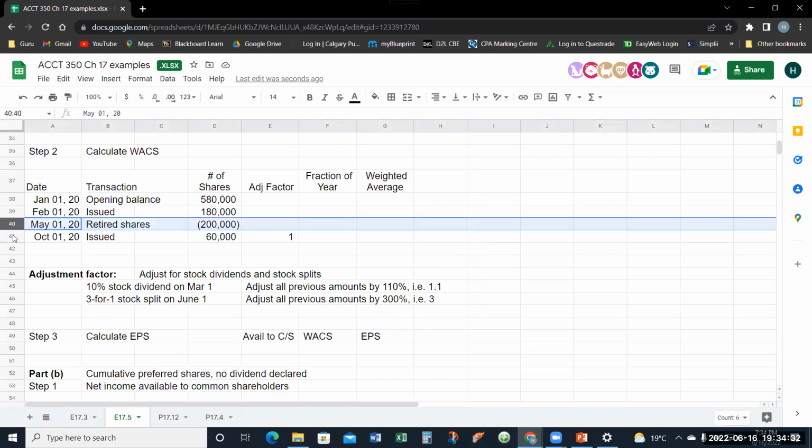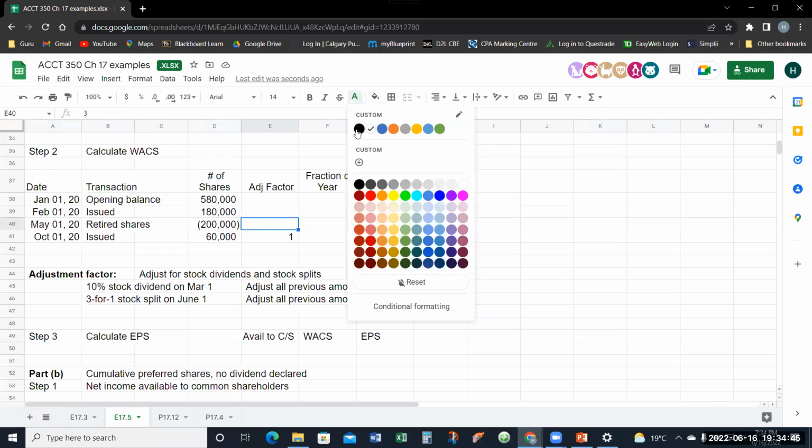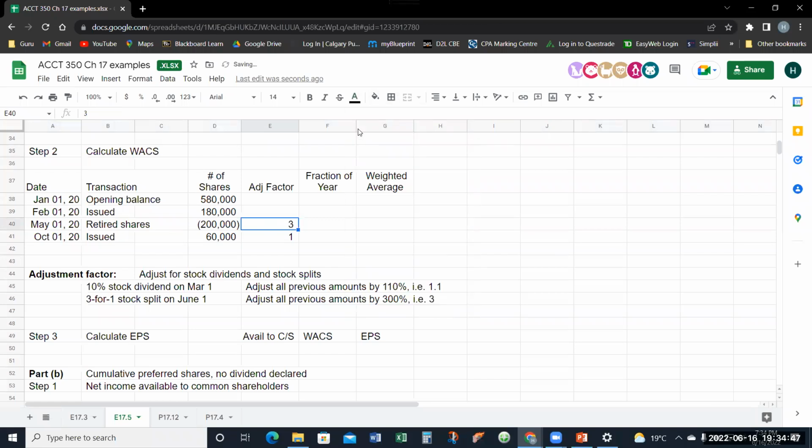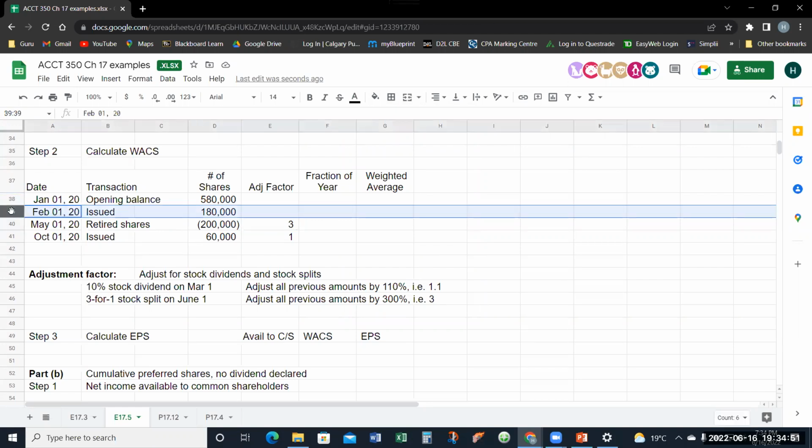For the May 1st transaction, I'm going to adjust for just the stock split, but not the stock dividend. So just the stock split, the adjustment factor is 3. So the adjustment factor for the retirement of shares is 3. Now, February 1st, I have to adjust for the stock split and for the stock dividend.